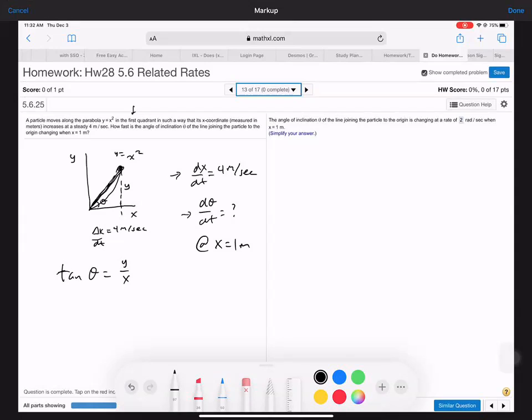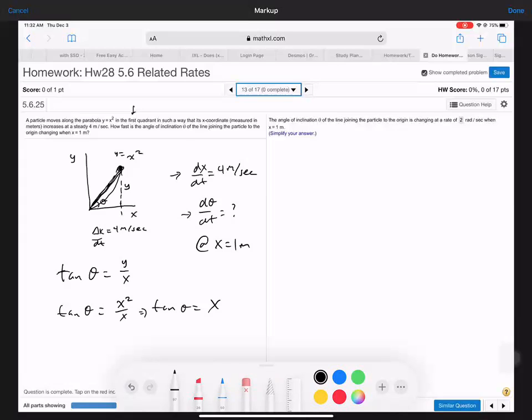Now, we could take the derivative of this with relationship to y, but here's a trick. I don't want to take a derivative with a bunch of variables here. So what is y equal to? Y is equal to x squared, isn't it? So tangent of theta is equal to x squared over x, so tangent of theta is equal to just x.